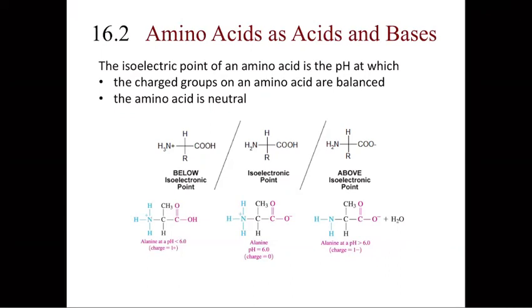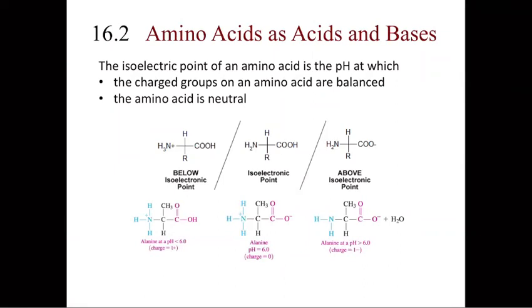But understand that the isoelectric point is the pH at which, if your amino acid has charged groups, these charged groups are going to balance each other, and the amino acid overall is neutral.